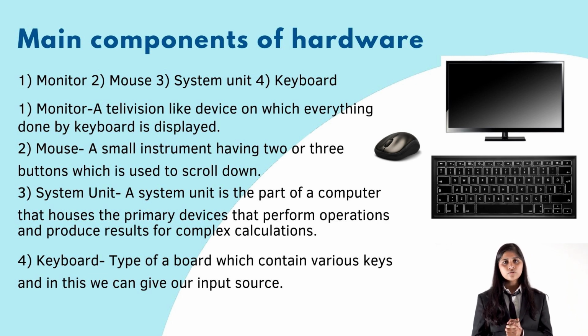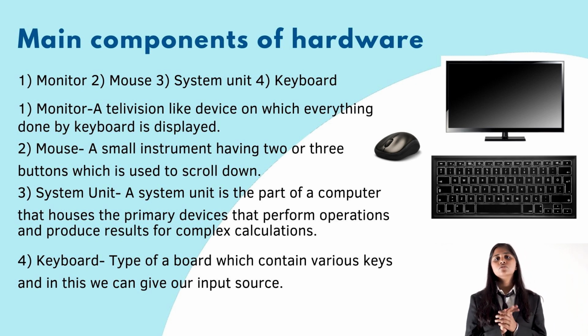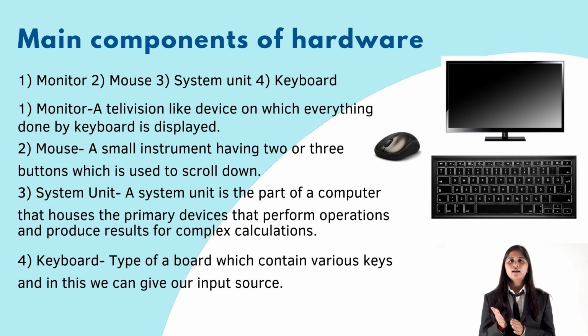Now coming to the mouse. A mouse is a small instrument having 2 or 3 buttons which is used to scroll down or give a direction on the monitor. A special mouse may have 3 buttons, otherwise a simple mouse has 2 buttons. Now coming to the system unit.